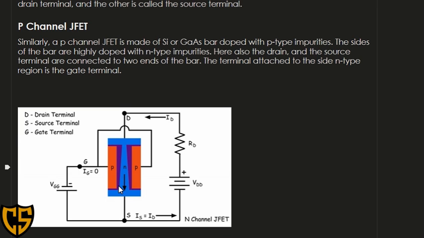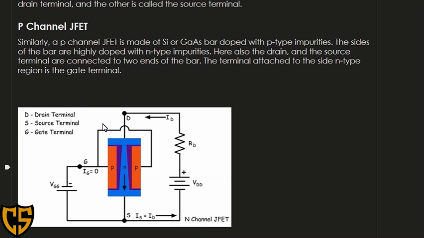The region which is doped with P-type impurities is called the gate. A metallic terminal is connected to the gate region. As we can see in the representation, there are two P-type regions, but they are connected by a metallic connection, and the terminal is called the gate terminal, represented by the letter G. So take note of the representation.